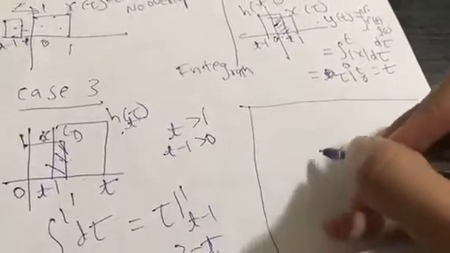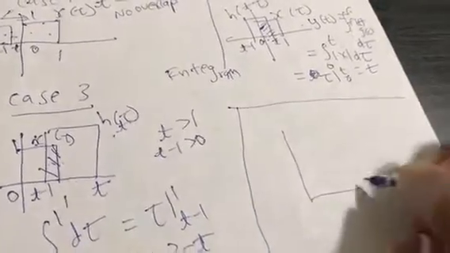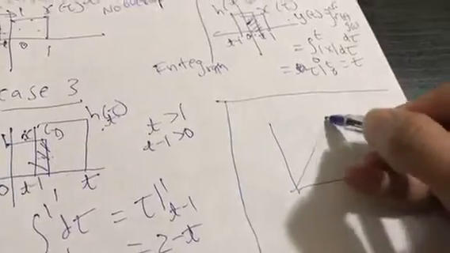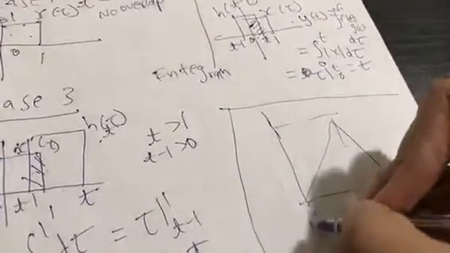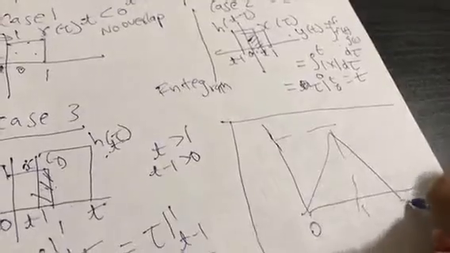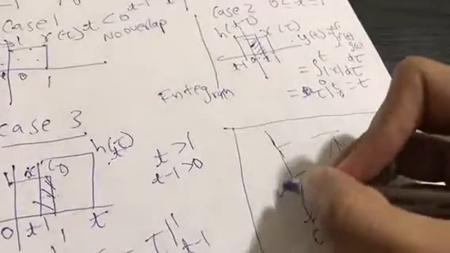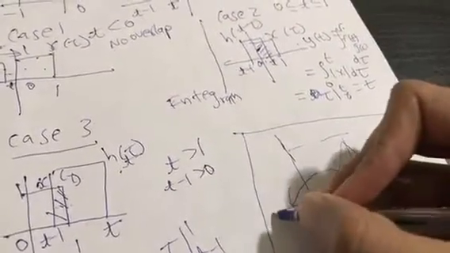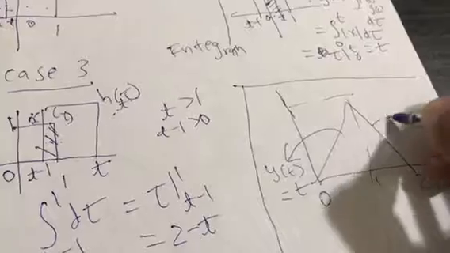The result will be like this, I guess. So you can see 0, 1 and 2. For this region the answer is y of t equal to t, and for this region the answer is 2 minus t.